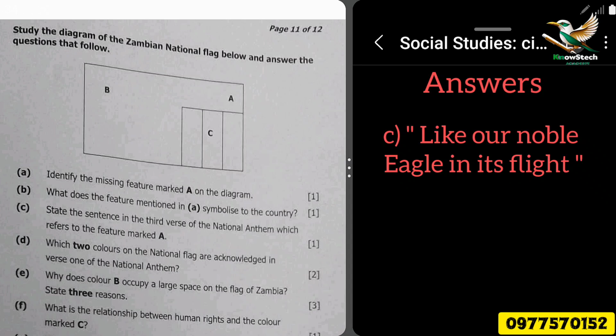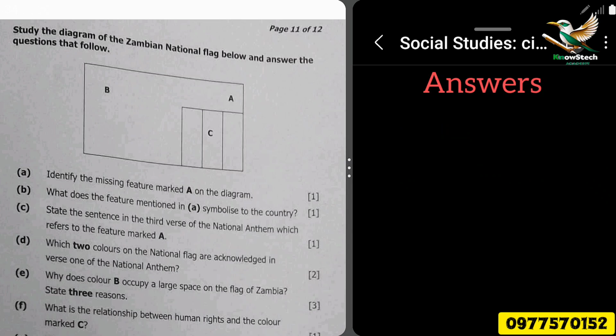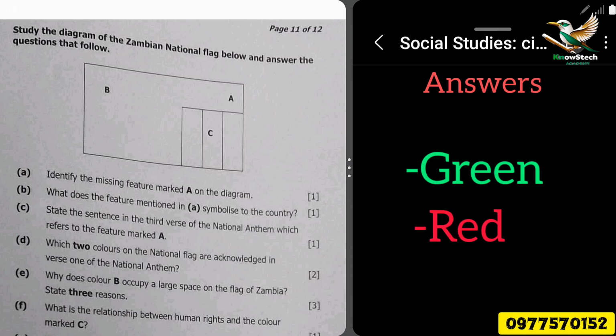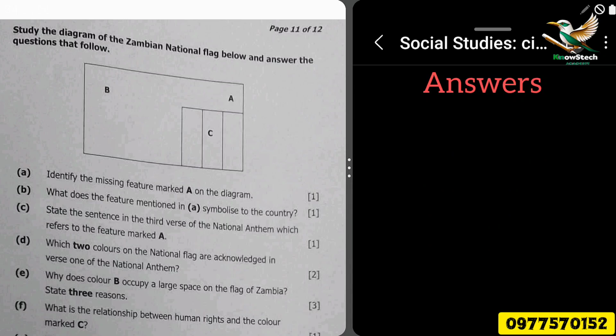Which two colors on the national flag are acknowledged in verse 1 of the national anthem? There is green and red. Why does color B, green, occupy a large space on the flag of Zambia? State 3 reasons.